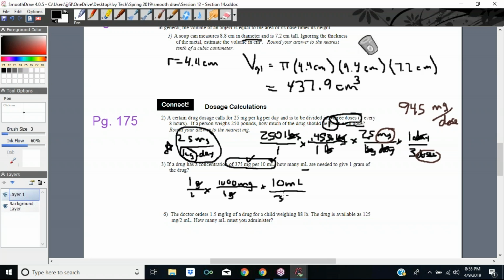And then the 375 on the bottom, milligrams, because we're trying to find the number of milliliters. We want milligrams to cancel out. And we have 10,000 divided by 375, which is 26.67 milliliters. And if you need to go through that in the video a little bit slower, please do.